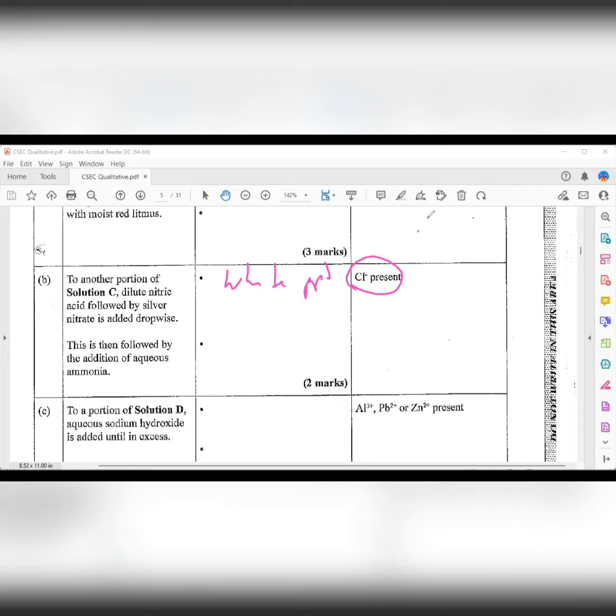What would happen to silver chloride? The PPT would dissolve. So you'd say the precipitate is soluble or the precipitate dissolves, one of those things.